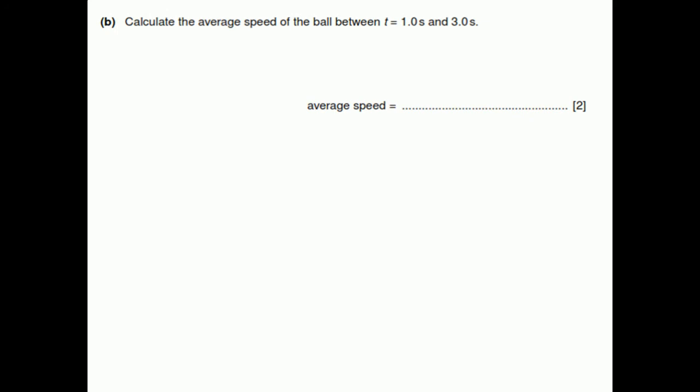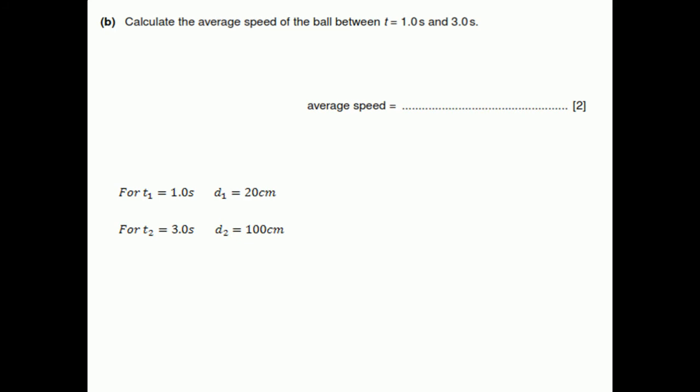So for t1 equal to 1.0 second, the ball's distance traveled is d1 equal to 20 centimeters. And similarly for t2 equal to 3.0 seconds, the ball's distance traveled is d2 equal to 100 centimeters.